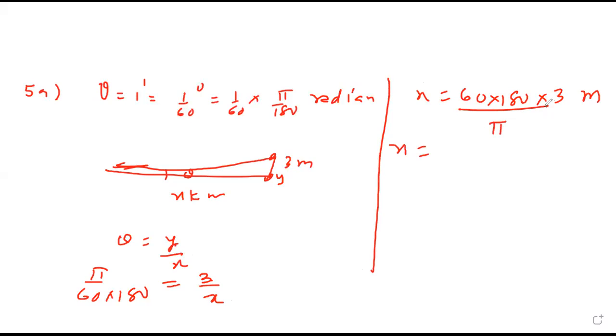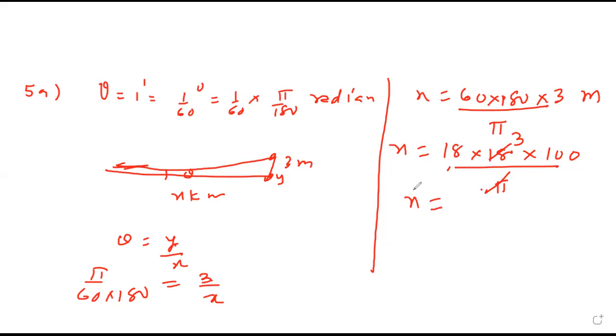That is the same as 3 into 6, 18 into 18 into 100 upon pi. Pi you can take roughly 3. 18 into 3 cancel, 6 into 3, 180 into 180.